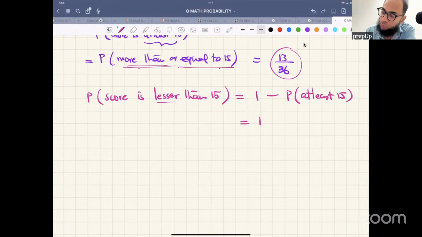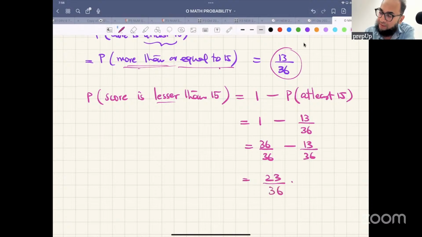So this is 1 minus 13 over 36, which is 36 over 36 minus 13 over 36. This comes out to be 23 over 36. Is everyone clear on this? This is just like probability of A plus probability of A complement adds up to 1. More than or equal to 15, the opposite is lesser than 15.